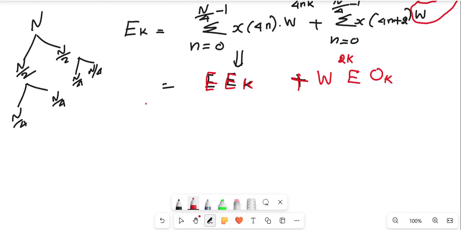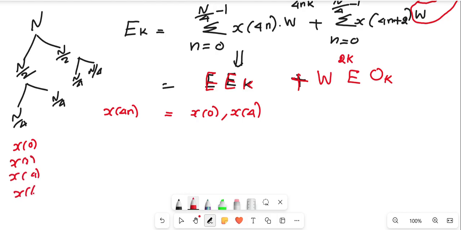Now what are the sequences we'll get now? x of 4n means what? n equal to 0 to N by 4, 8 by 4, which is 2 minus 1. So you will get, for n equal to 0, x of 0, and x of 4 out of x0, x2, x4, x6. This even part now, with respect to the positions 0 and 2 only.